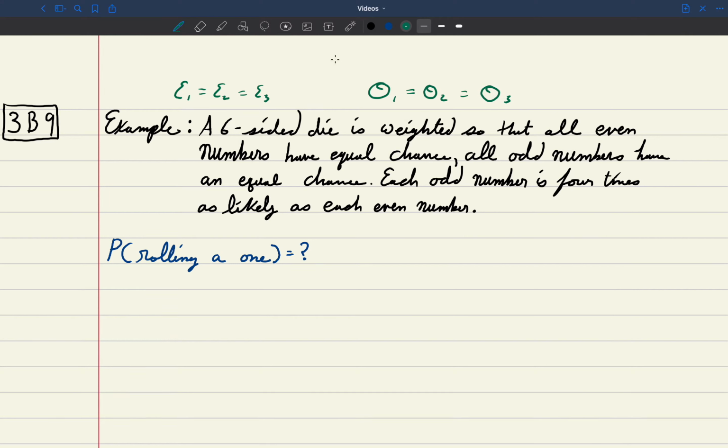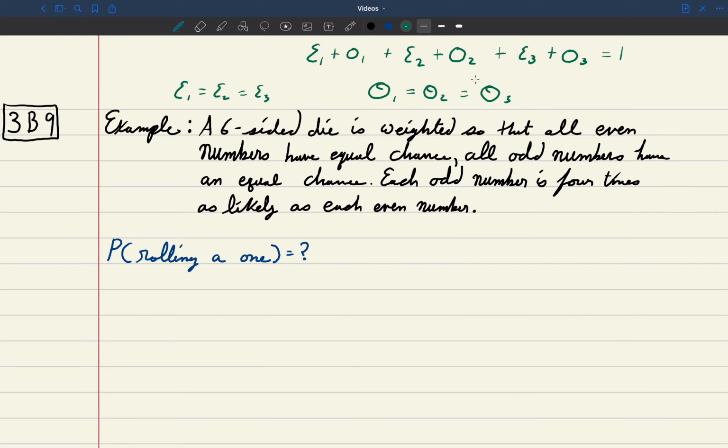And I also know that if you add all of these together, then they have to equal 1. Right? There's a 100% chance that something will happen. So if you take all of these weights and add them together, it has to equal 100%. If you roll a die, something's going to get rolled.